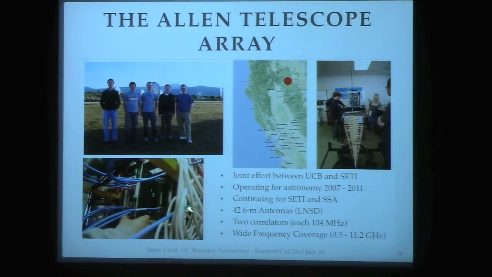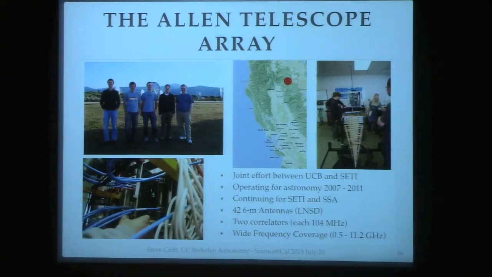So the ATA has 42 6-meter antennas. The plan was to expand this up to 350, but when it became clear that the money wasn't going to materialize for that, the telescope became more of a technology demonstrator for some of the other big telescopes that are going to be built elsewhere in the world over the next few years. And this new design, I alluded to this earlier about replacing steel with silicon, is called LNSD, or a large number of small diameter dishes.